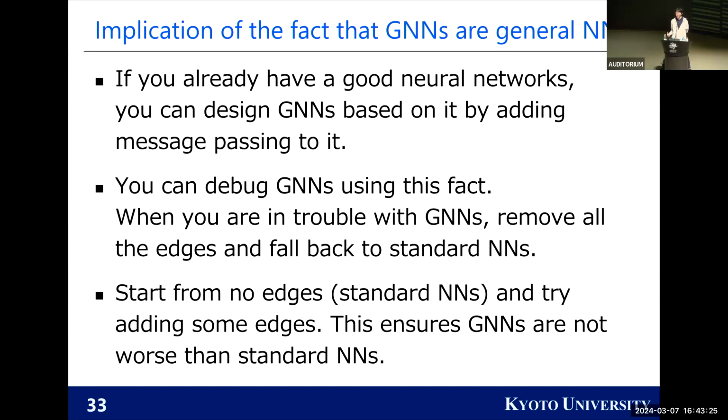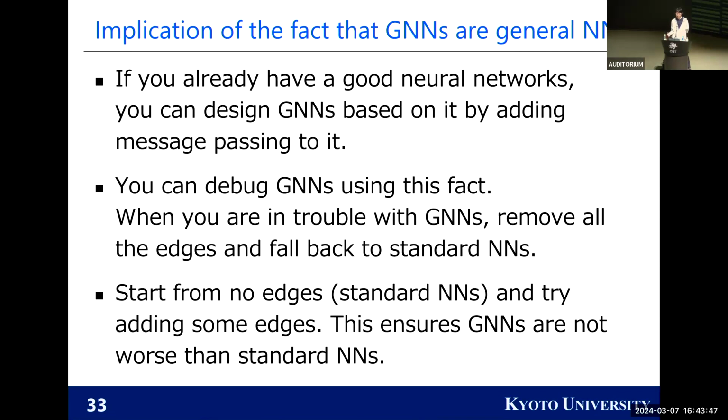And if the performance is better than the standard neural networks, then we can adopt it. And if we observe drops in accuracy, then we give up using such relations and proceed to the next relations and try different kinds of relations. By doing this procedure, we can ensure that GNNs are not worse than standard neural networks.